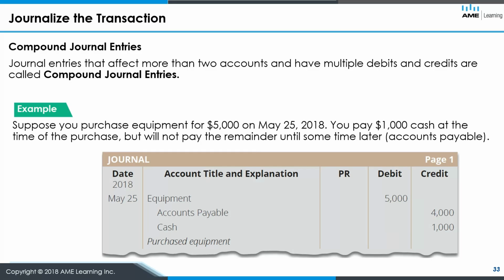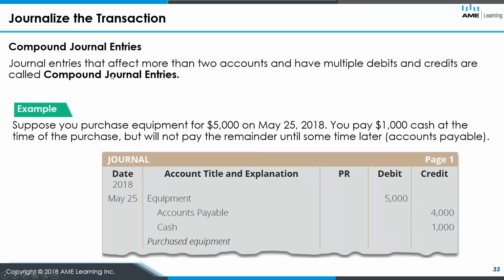We're going to use the accounts payable account to reflect this amount that we owe for the remainder of the $5,000 that we haven't paid yet. It's a liability. Remember that liabilities are under the C in the DEAD circle, so they are a credit increase. And so that's what we can see here, a credit to show that we've increased the liability by $4,000. We've decreased an asset by $1,000, and we've increased an asset by $5,000.